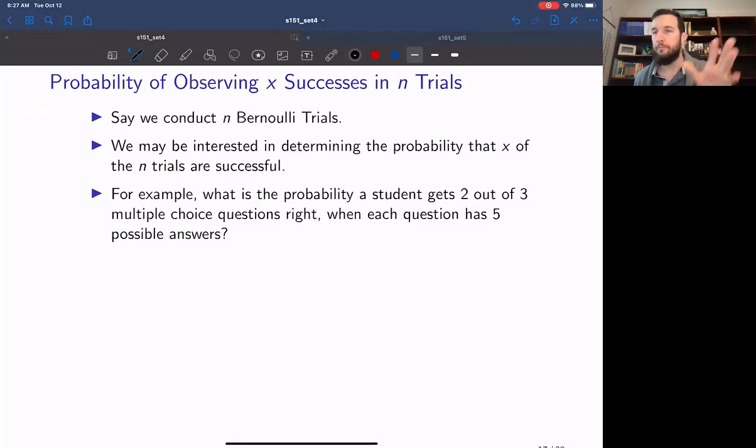So we saw on the previous slide that if you have, for example, 5 Bernoulli trials and you want to get 4 successes, there are 5 choose 4 different ways of observing that outcome. Now, if we want to compute the probability of x successes out of n Bernoulli trials, we have to account for each of the different ways that we can observe that outcome.